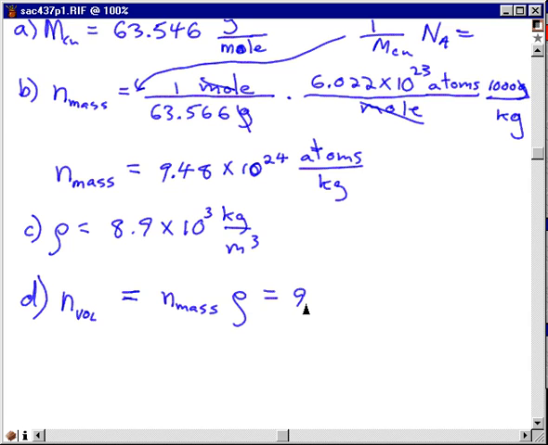We found N mass to be 9.48 times 10 to the 24th atoms per kilogram, and then multiply that by the 8.9 times 10 to the third kilograms per meter cubed that we found for the density.